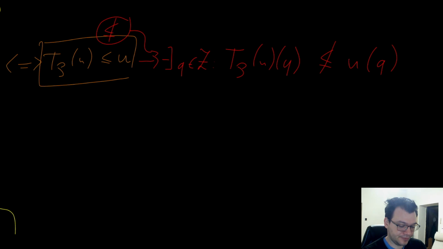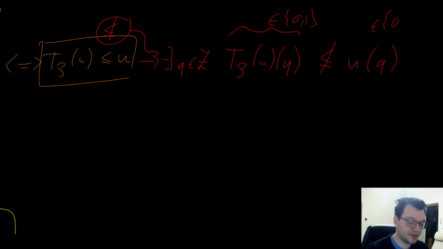Now, how can it be so? This guy here is a member of {0, 1}. This guy here is also a member of {0, 1} with the standard ordering, so I should have written that these are members of the poset 2. And this means that this guy here should be 1 and this guy here should be 0, because there is no other way they can be in this relation.